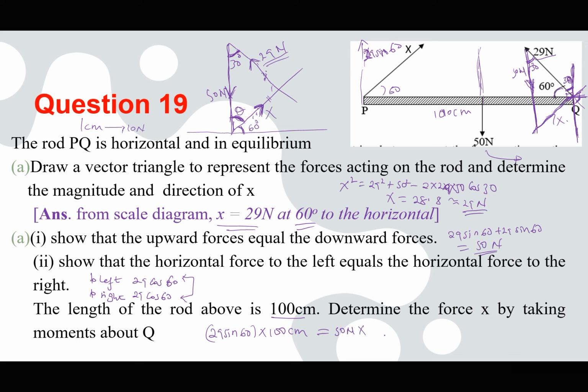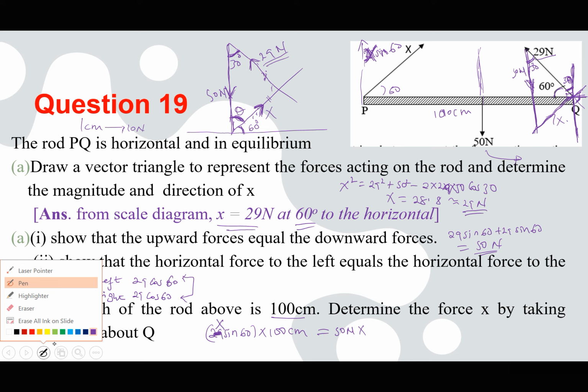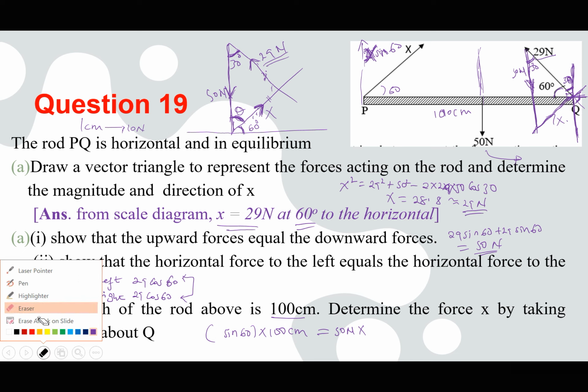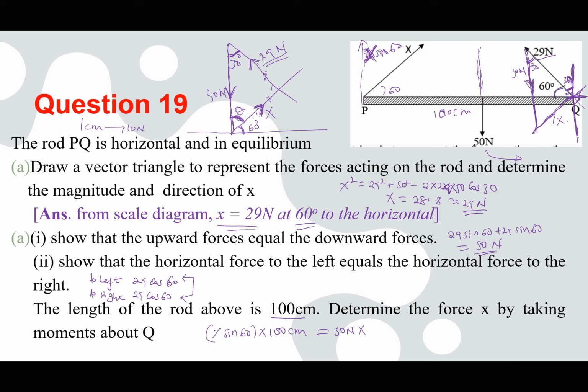times, determine the force x. Okay, we don't know x, but I would simply say x sine 60 instead of 29, assuming we don't know x. So I'll say x sine 60 times 100 is equal to 50.